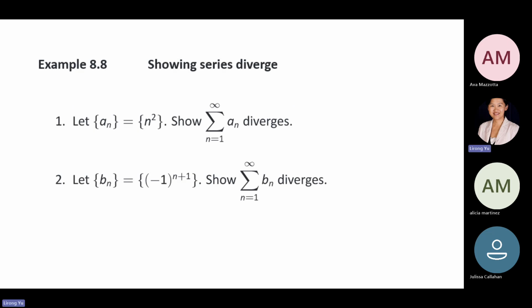And we have a couple of examples on proving how we prove a series diverges. And there are two different situations. The first one is when the total summation equals infinity. The second scenario is when the partial sum is alternating, and that's why the infinite sum diverges.